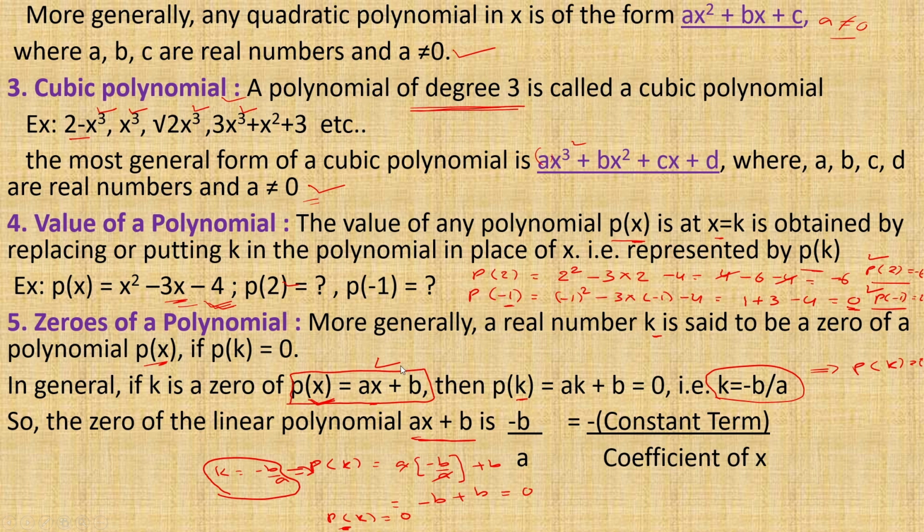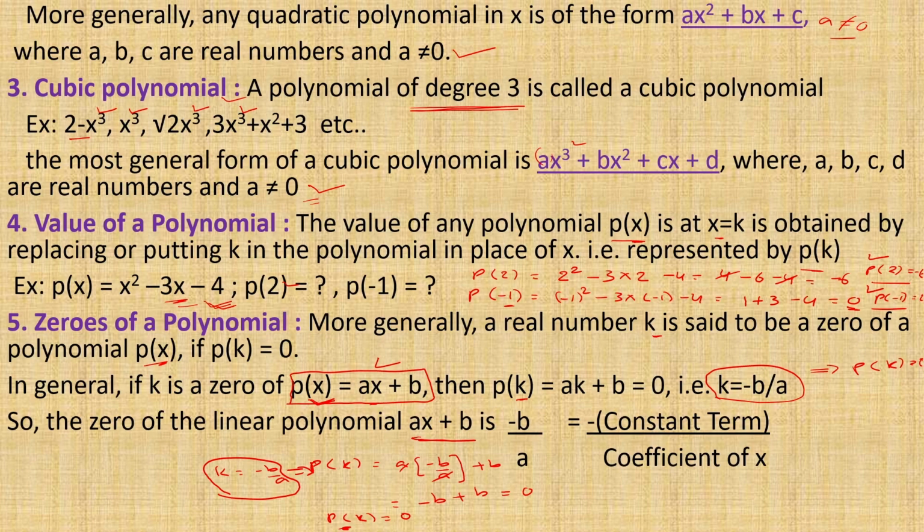Here the constant term is b. What is the coefficient of x? a. So minus the constant term by the coefficient of x is nothing but the zero of this linear polynomial p(x) = ax + b.